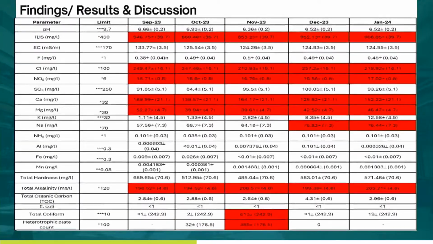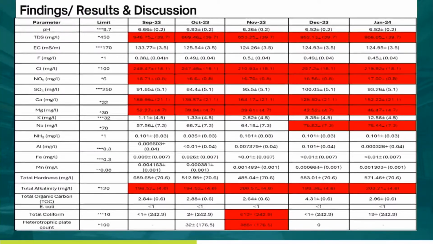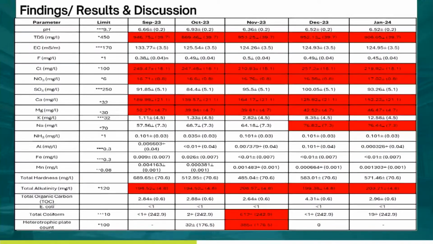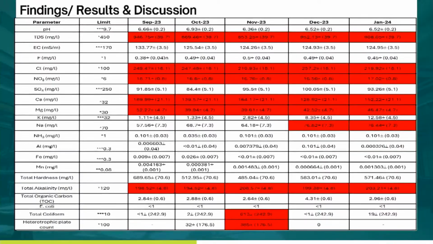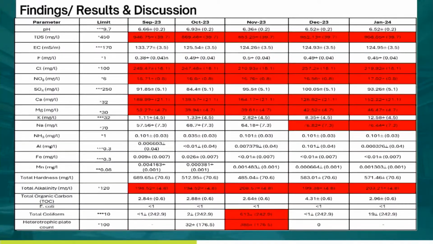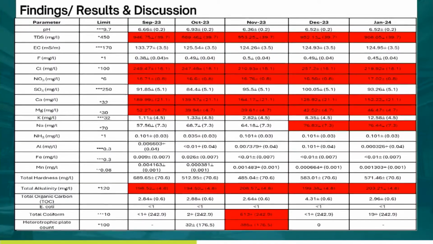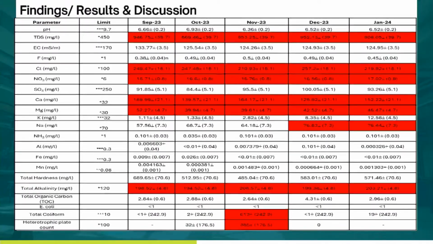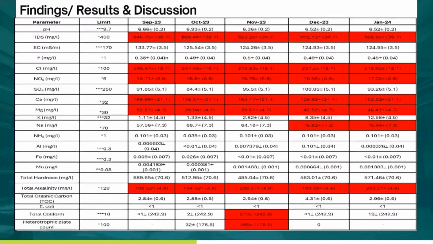If you can see there, fluoride and chloride were also above the guidelines throughout the sampling period of 5 months, from September 2023 to January 2024. We also realized that the anions such as sulfate, and the cations such as calcium and magnesium, were also above the guideline limits that we use for drinking, irrigation, and domestic use throughout the sampling period.